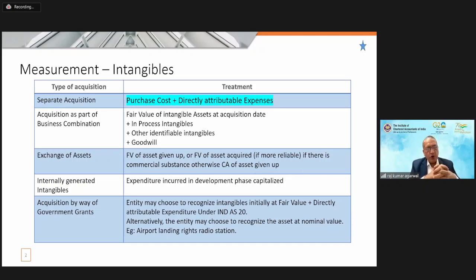The question is, what is this additional 4 lakh which I have paid for? In earlier times, what we used to say was, this 4 lakh difference is basically the goodwill that you have paid. Now, the standard goes one step forward.